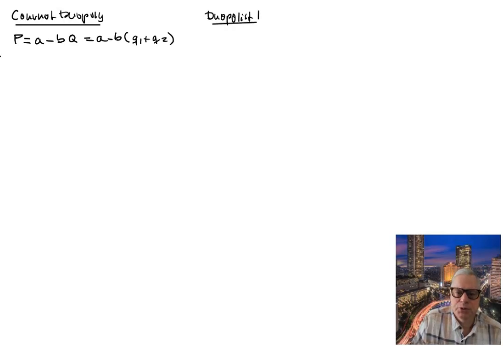Duopolist 1 has the total revenue function, which is A, that's the price here, minus BQ1, and I already multiplied through, so minus BQ2, times Q1.